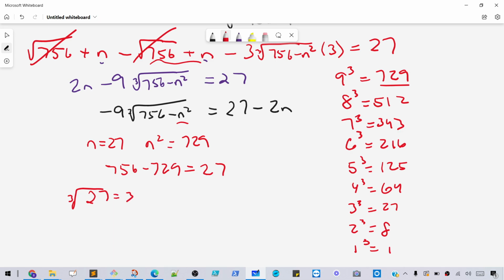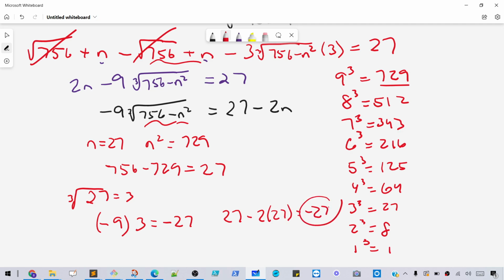Minus 9 times 3 is minus 27. On the right side, 27 minus 2 times 27 is also minus 27. So I get n is 27.